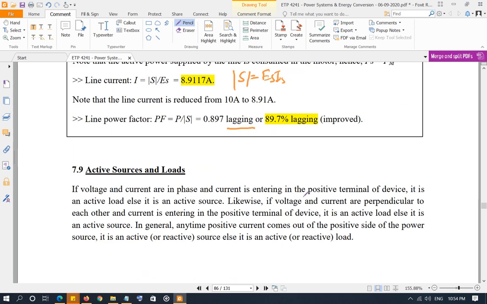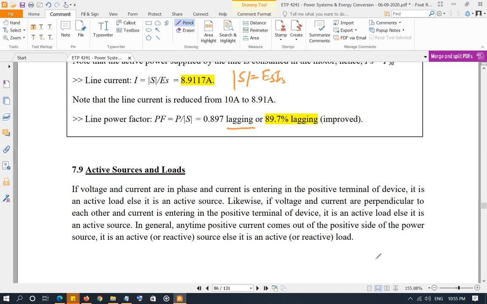Alright, active sources and loads. I'm just going to cover all of this in this video. Active sources and loads, and again this goes back to your circuit analysis. What is an active source? What is an active load? If the positive current is coming out from the positive side of the source, that source is called an active source.